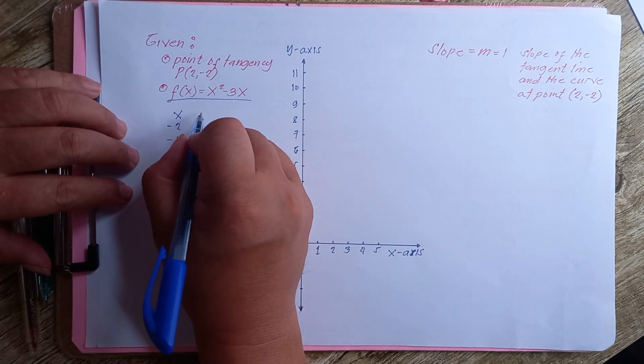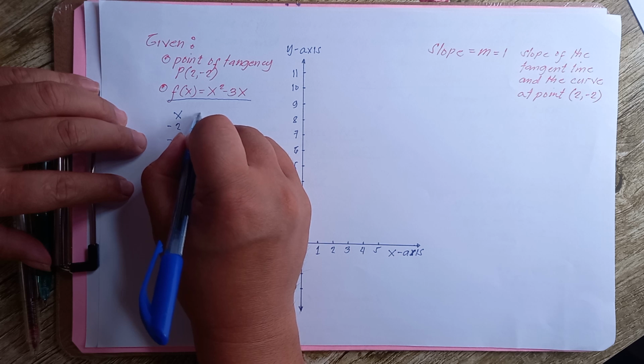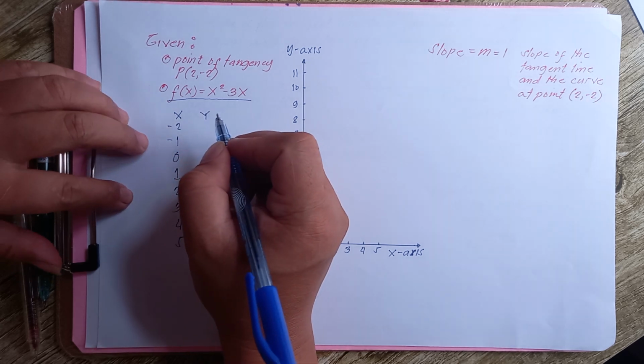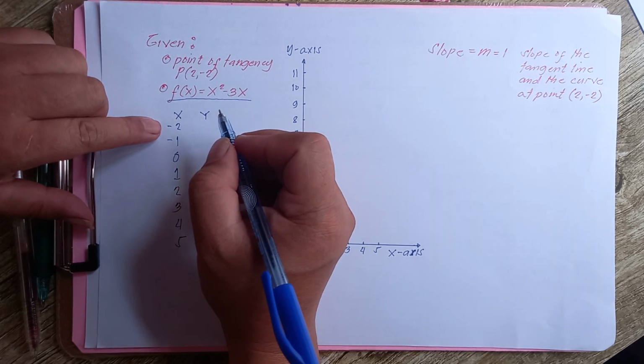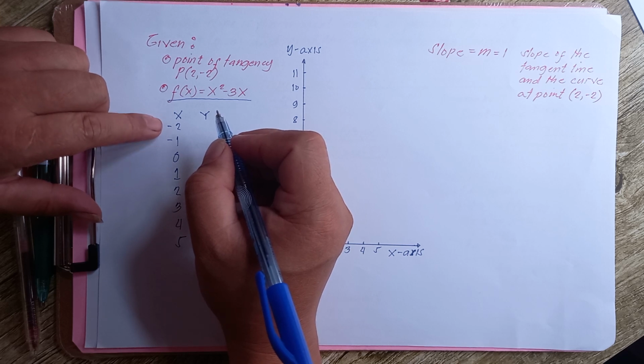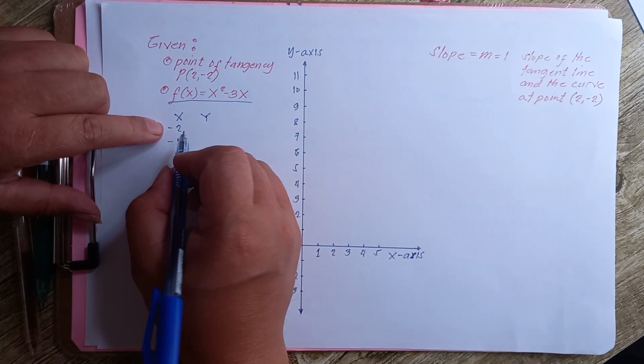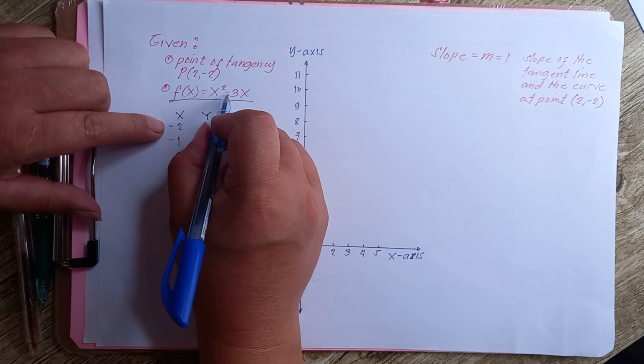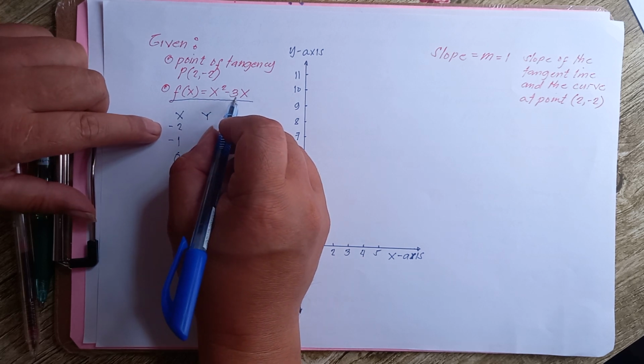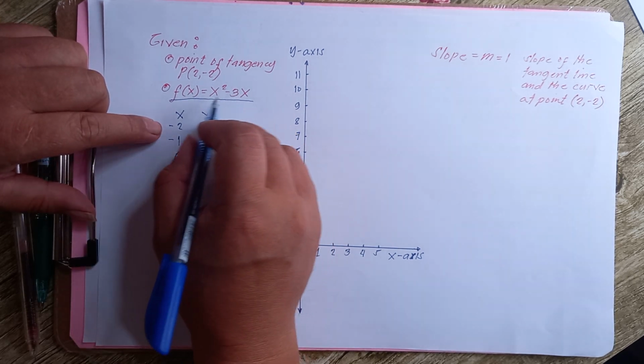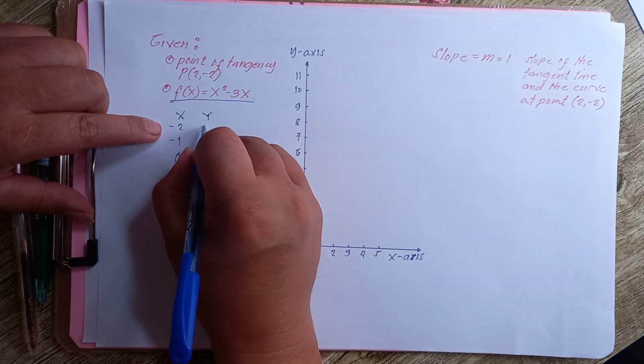So if I have these values, what would be my y? If my x is -2, this will be -2 raised to the second power minus 3 multiplied by -2, that is 4 plus 6, that must be 10.